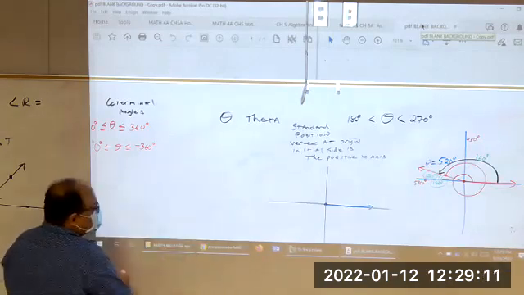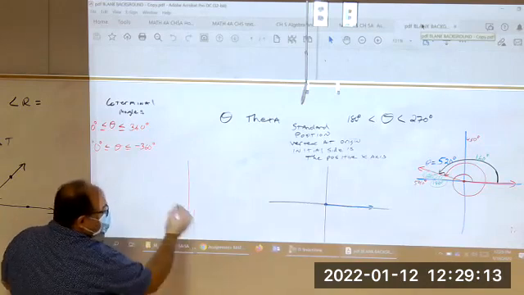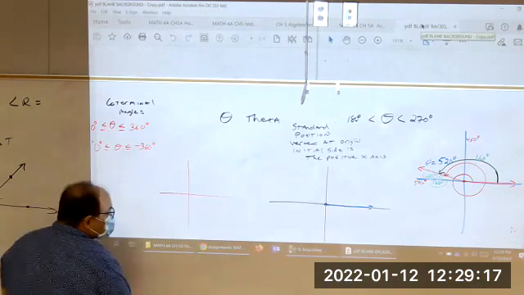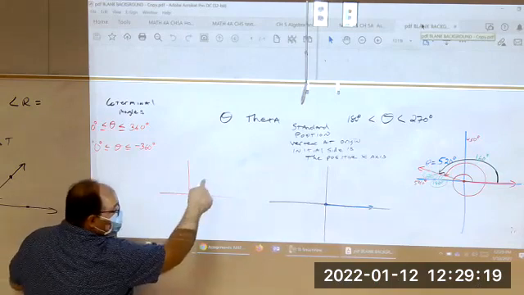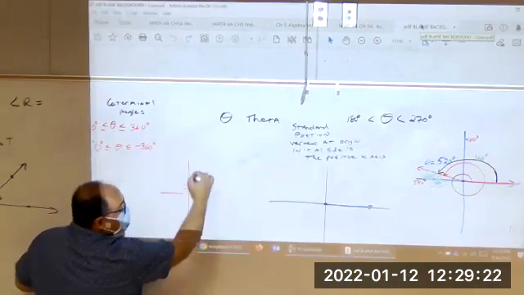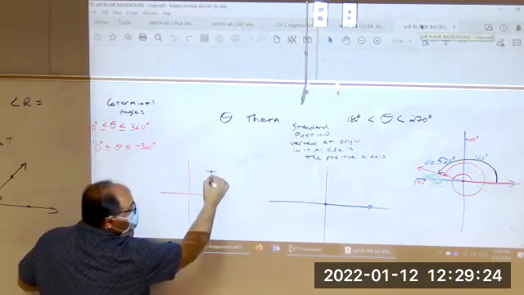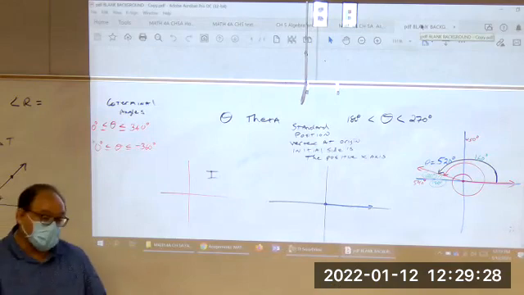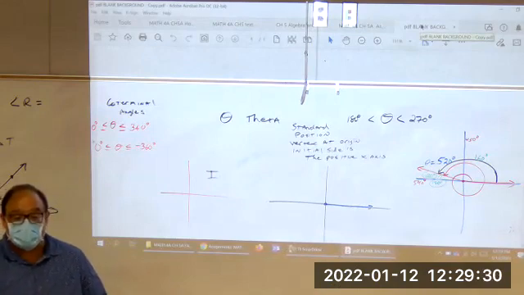The quadrants. When you have an XY axis, you make 4 quadrants. In this quadrant, x's are positive and the y's are positive. We label this one quadrant 1. And when you label quadrants, you have to use Roman numerals.